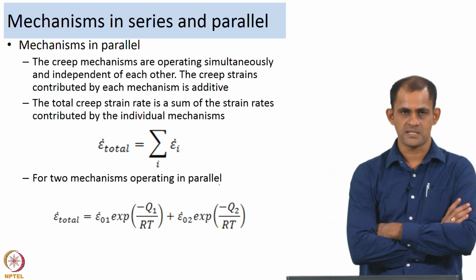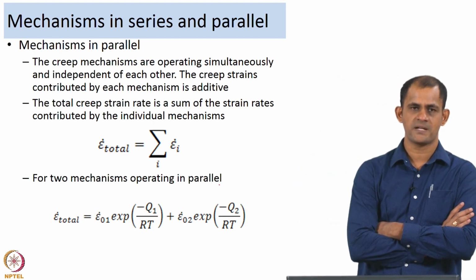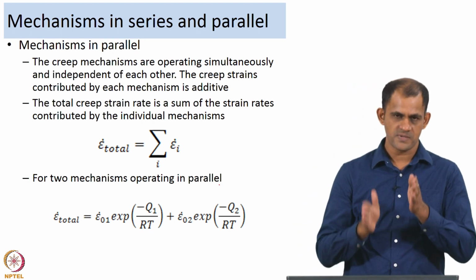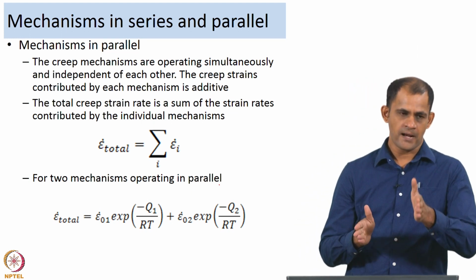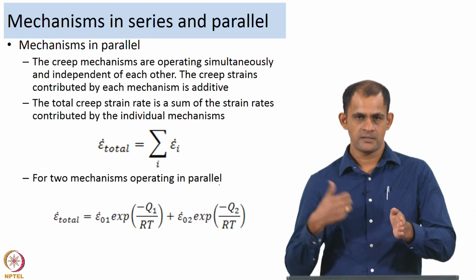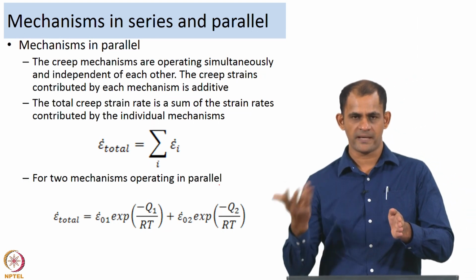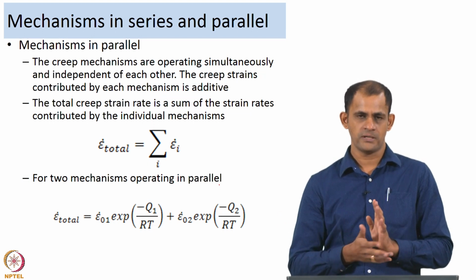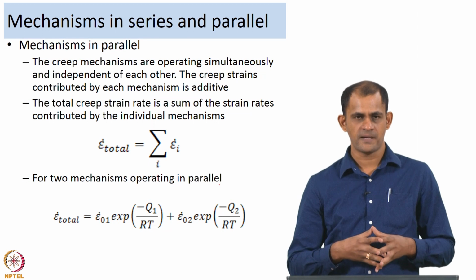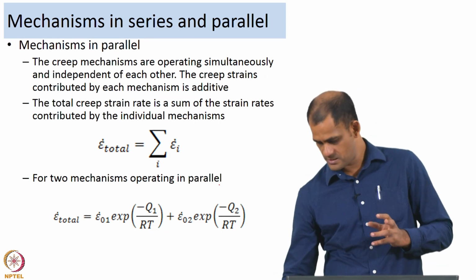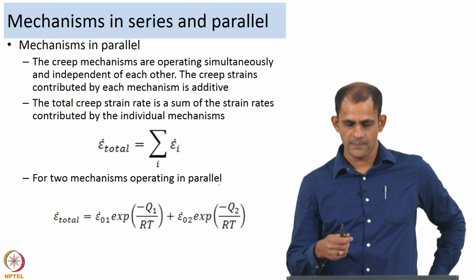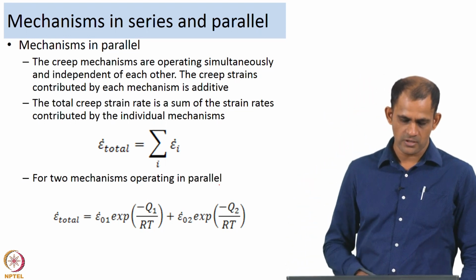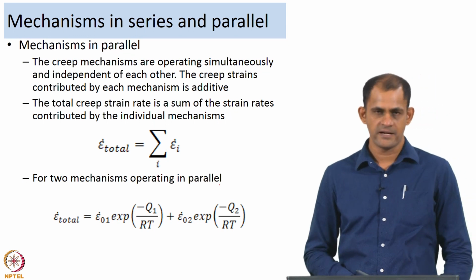What this means is the creep mechanisms are operating simultaneously and independent of each other. So, you have two mechanisms operating in parallel, and there is no influence of mechanism 1 on mechanism 2 or vice versa. Such a case is known as creep mechanisms operating in parallel, and here the creep strains contributed by each mechanism are additive.